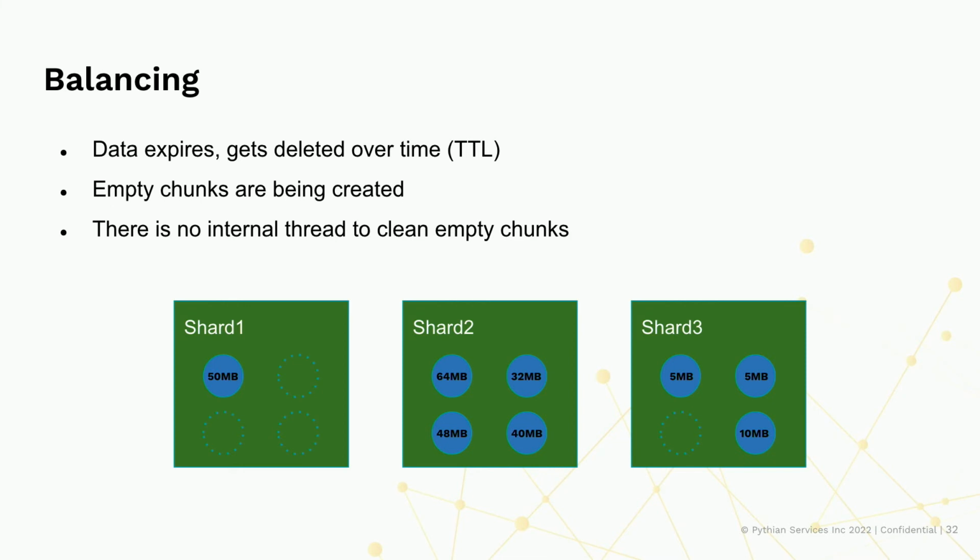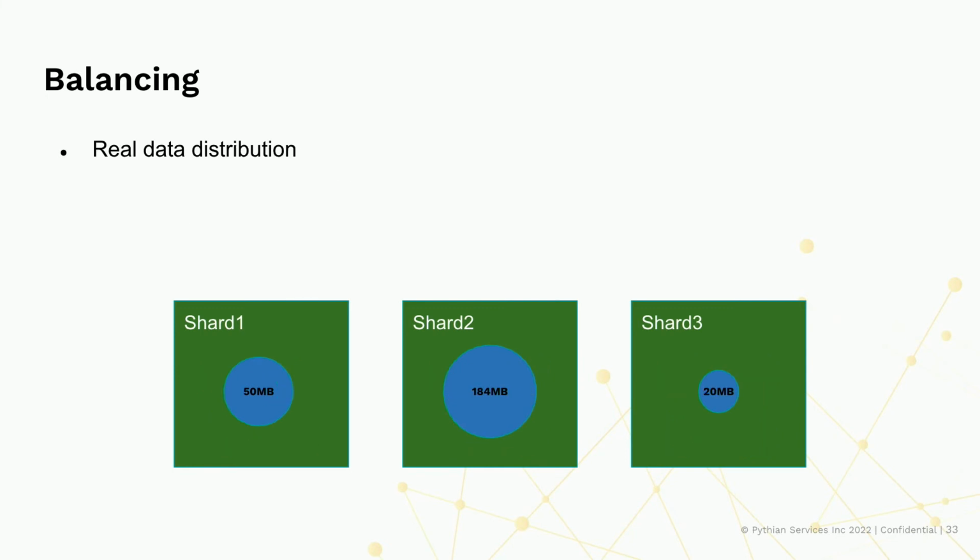So the balancer here has done its job. Every shard has 4 chunks, and it's equal. What is real is that your data is balanced like this. Shard 2 has most of the data, shards 1 and 3 a portion of the data.